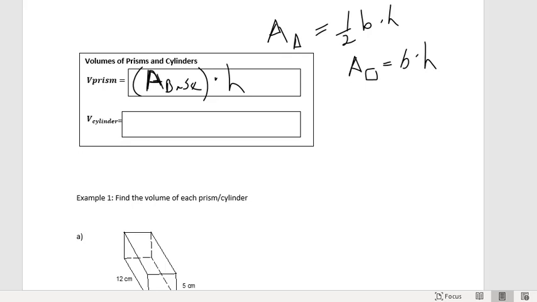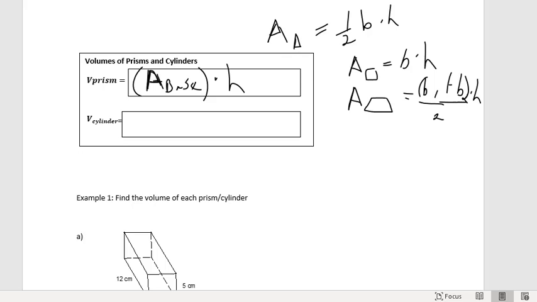And if it is a trapezoid, it's B1 plus B2 over 2 times H.